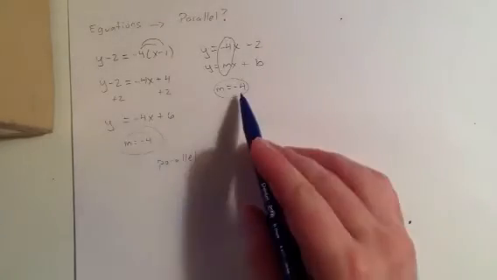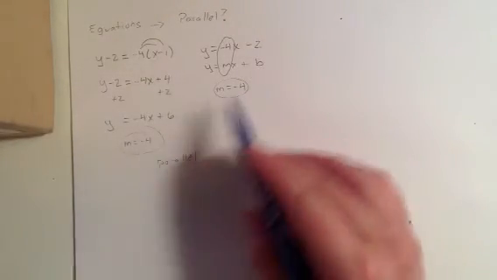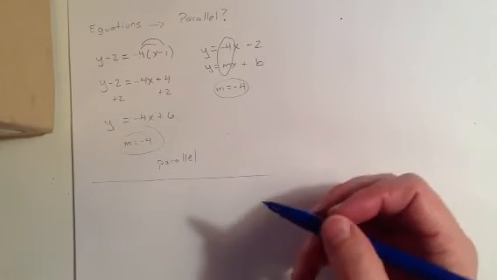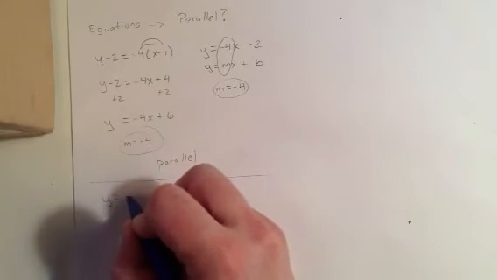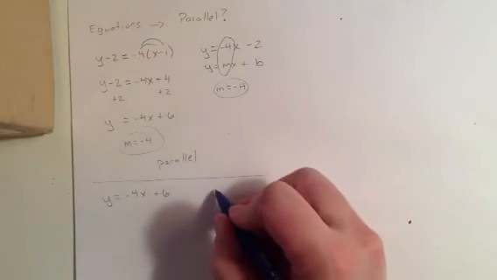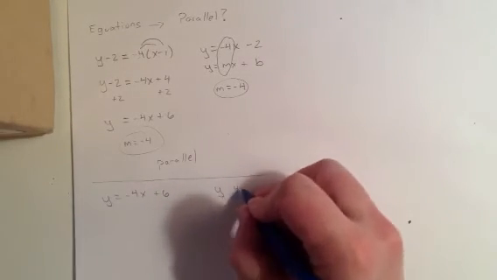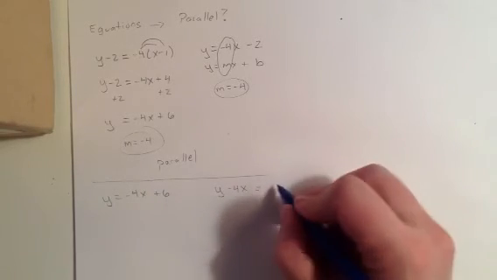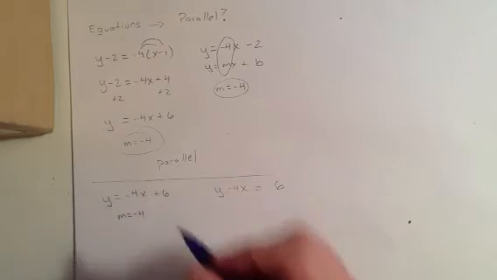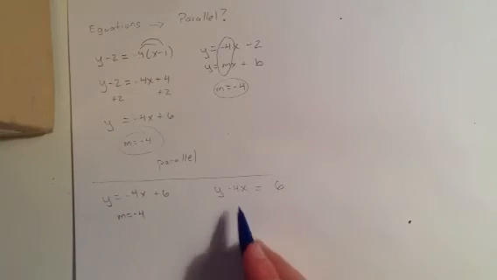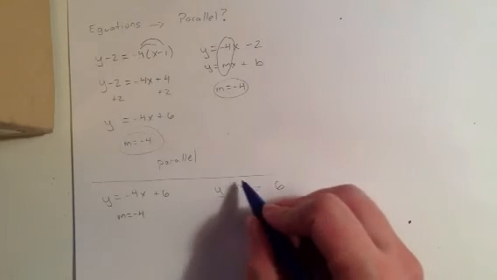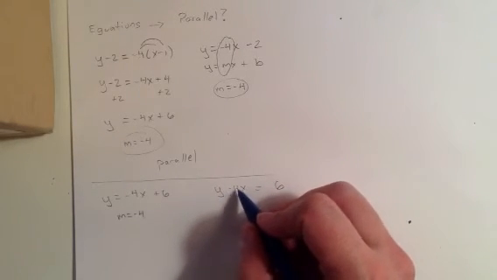If the slopes are any different numbers here, then they're not parallel. So if I gave you y equals negative 4x plus 6 and y minus 4x equals 6, I can see here that this m is negative 4. This m, it looks like it's negative 4, but notice it's in the wrong form. It's not mx plus b. So I can't say, oh, the number in front of x, it's negative 4.